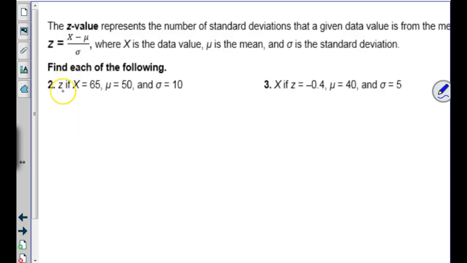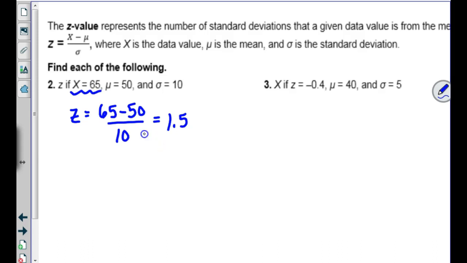So it says find Z if, and here's the formula. So we're going to plug those numbers in. Z equals 65 minus, this is the mean, 50, divided by the standard deviation of 10. So what do we get? Yep. And that's positive because our value was above the mean.